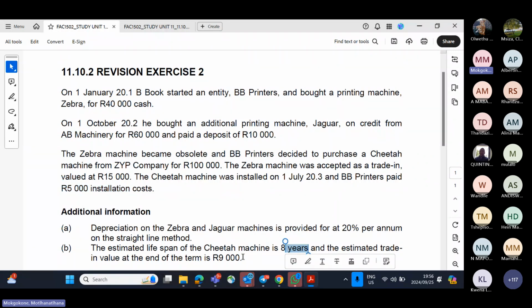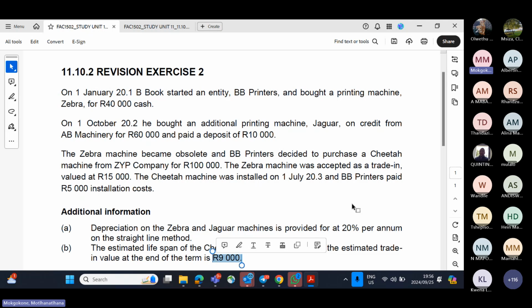And the residual value is 9,000, because we said depreciable amount is cost less residual value. Then we'll take cost, which is purchase price plus installation cost, 105 minus residual value of 9,000. It gives 96,000 depreciable amount.